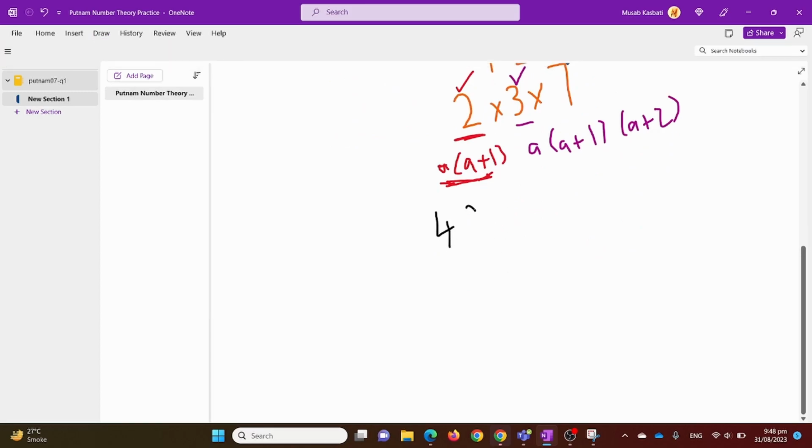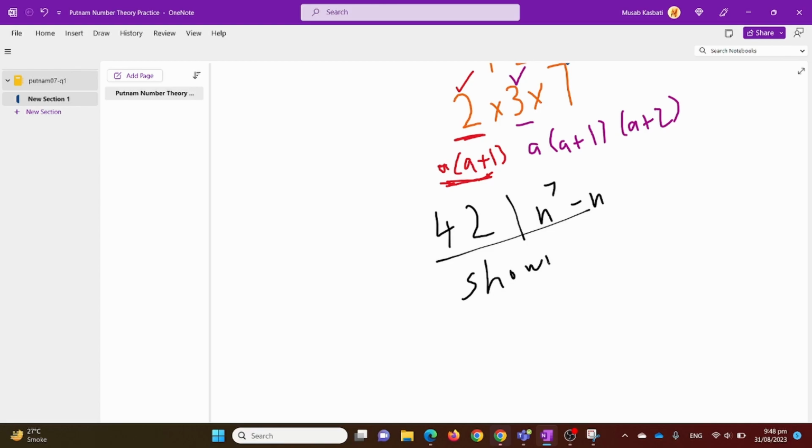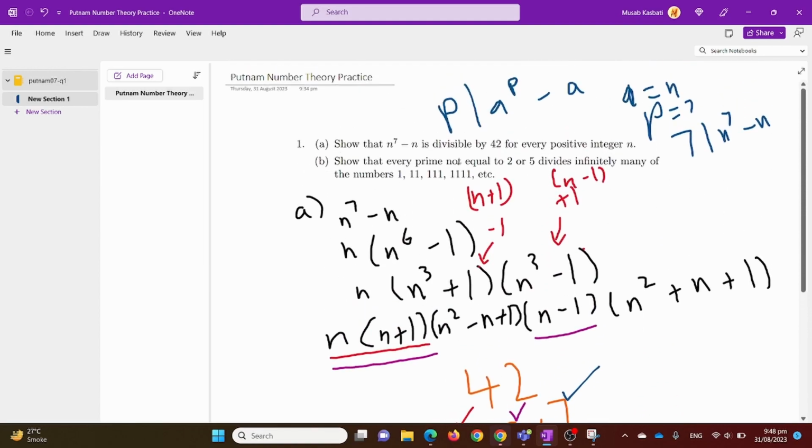So 42 divides n to the 7 minus n, and this is shown, right? Maybe I'll have a nice little box here, even though I don't know if that is completely perfect to have.